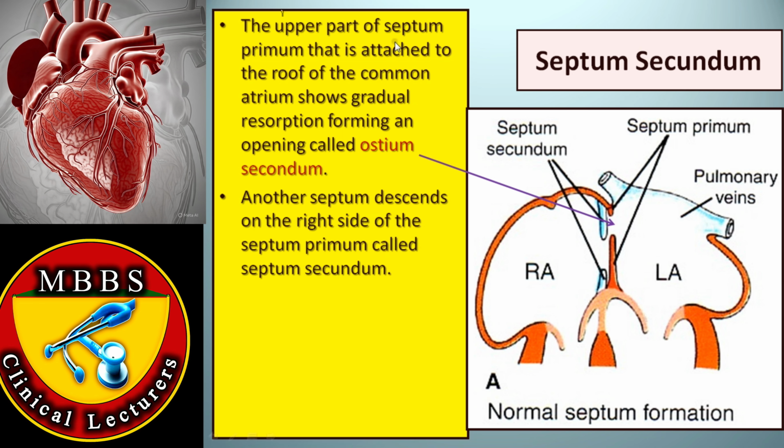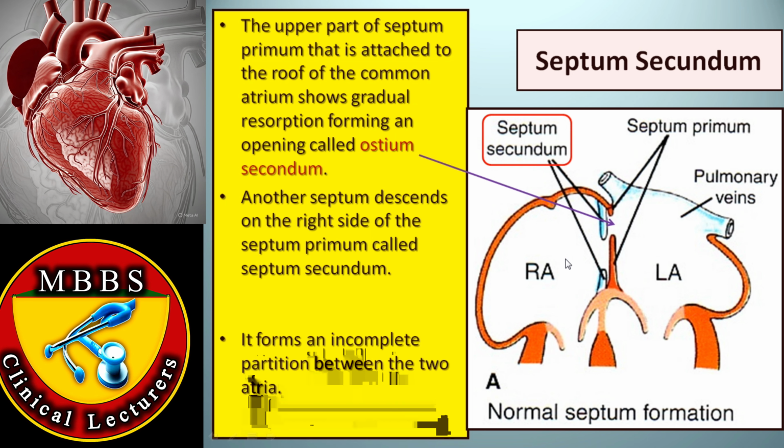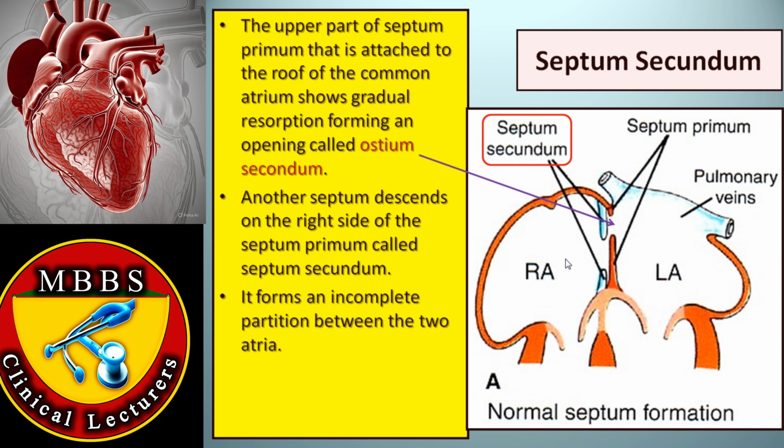So the upper portion of the septum that is attached to the roof of the common atrium shows gradual resorption, forming an opening called the ostium secundum. Another septum descends on the right of that septum primum, called the septum secundum. Then it forms an incomplete partitioning between the two atria.